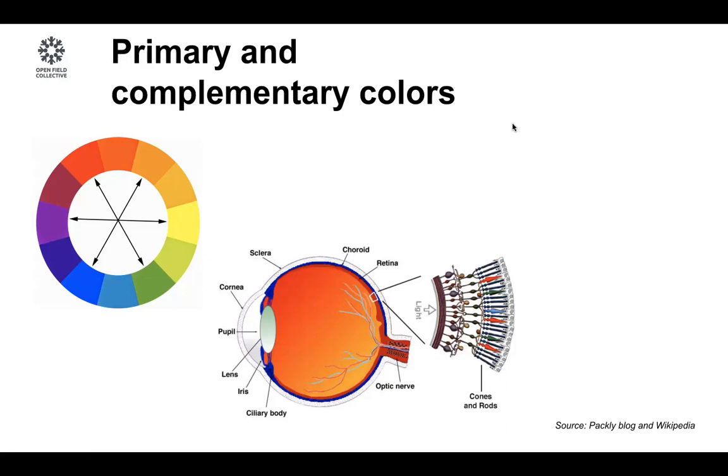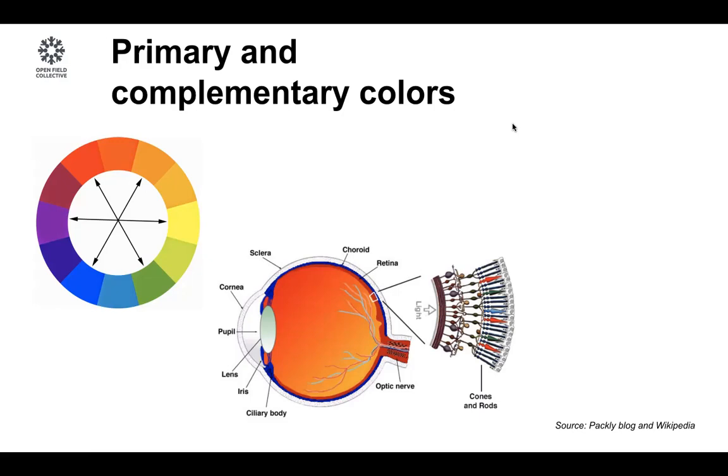Cone cells are the ones that can detect different colors. There are pigments in the cone cells that react to the 3 primary wavelengths: red, blue, and green. If you don't have cone cells, then you are essentially colorblind. But the rod cells can detect light without any color.